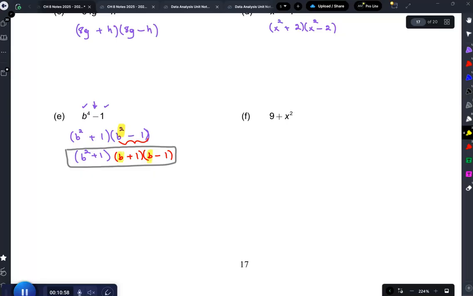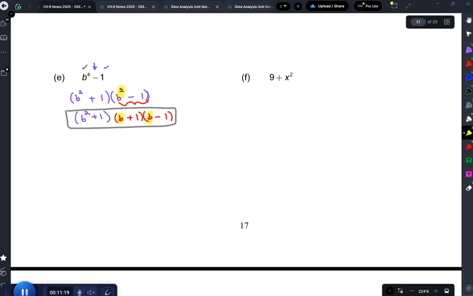So 1 is the only one where you have to factor it out? No, it could have been a 16 as well. I'll do one where you have to do more.